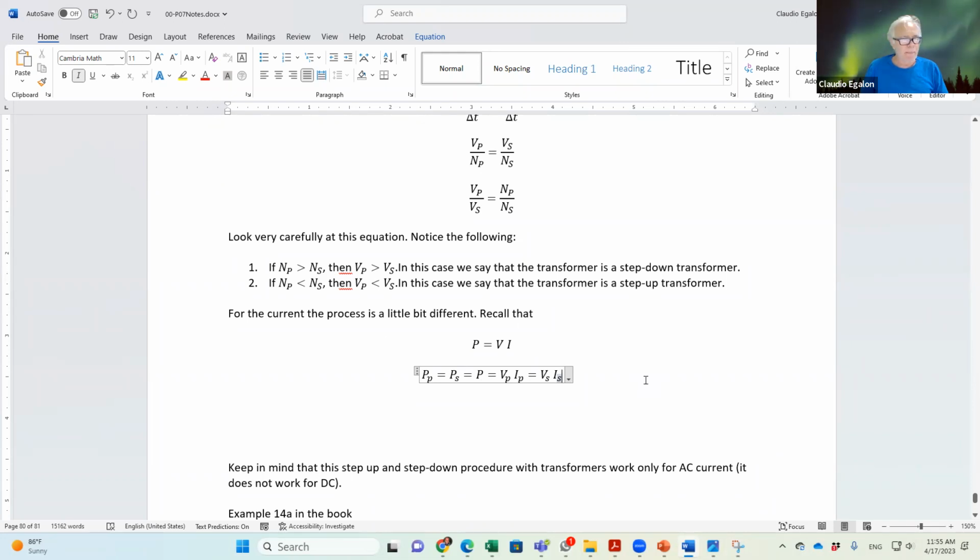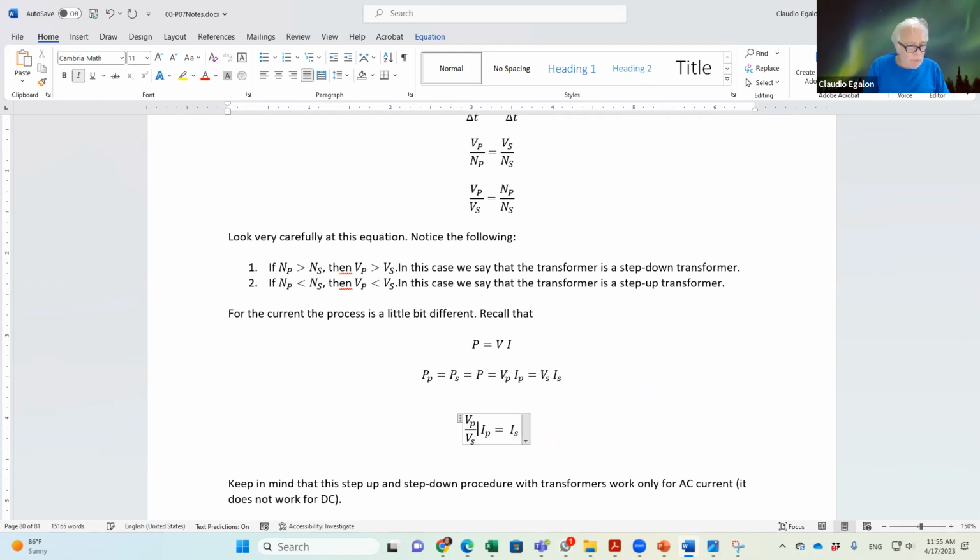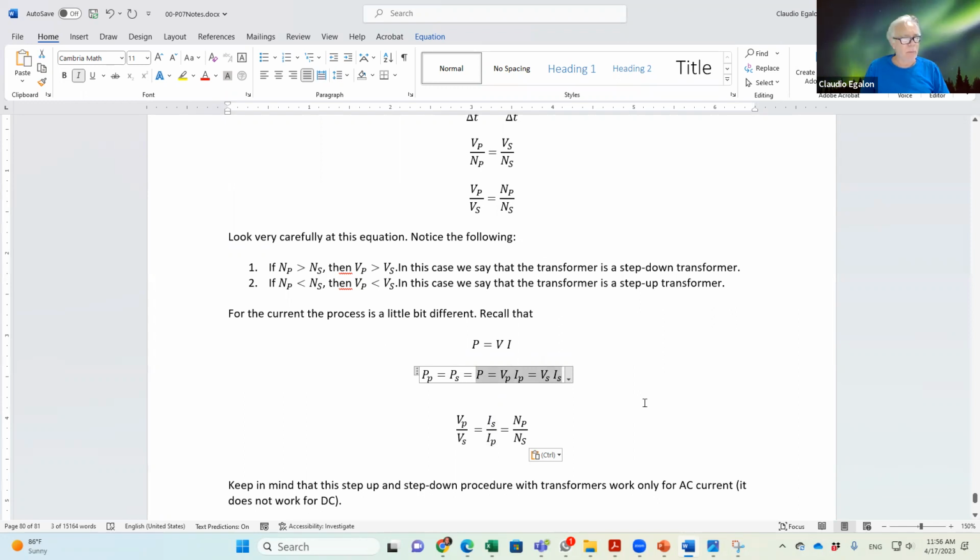Now we use this equation to get the relation that really matters: V primary over V secondary is equal to I secondary over I primary. So it's the inverse because of this relation here.